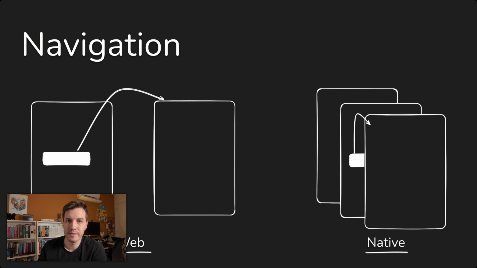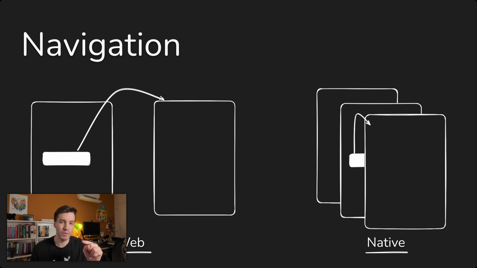So what Hotwire Native does is intercept the Turbo Drive navigation and make it look like a native navigation. It will take a screenshot of the current screen that you're viewing, and it will create that same behavior of stacking. It will stack a new fragment, a new screen, on top of what you're seeing, and that screen just has the same web view that you are navigating on, but it keeps the same behavior of stacking screens as you navigate around.